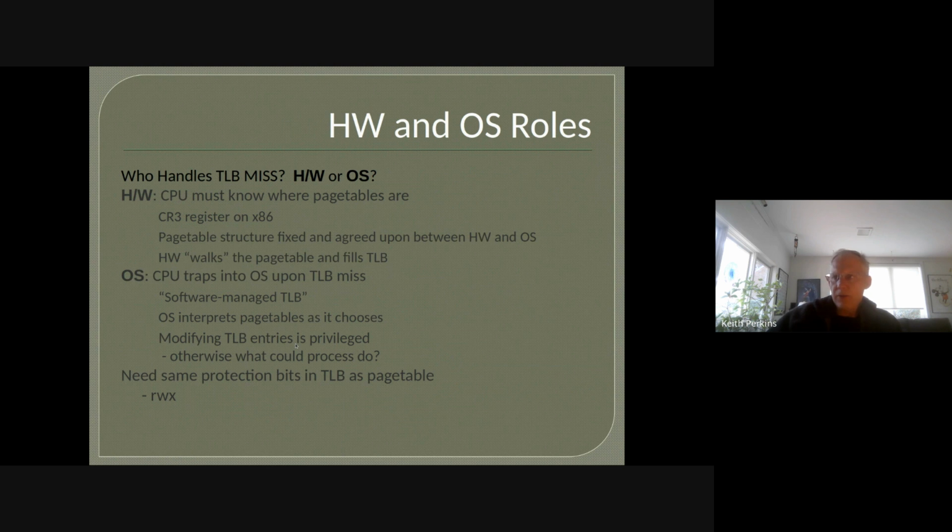You can also have protection bits on the TLB, the same protection bits as in a page table. So the TLB can have protection bits, it can have an ASID, and it also has the virtual to physical mappings. And you want it to be as big as possible.